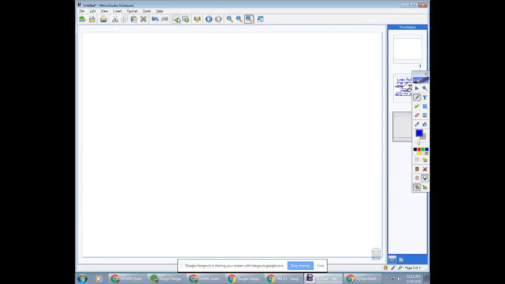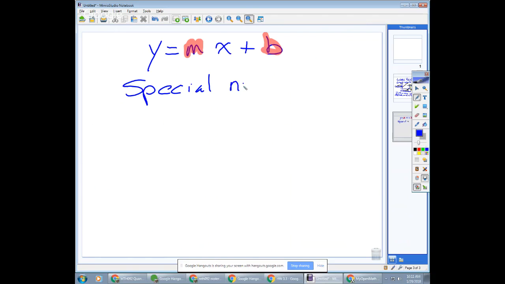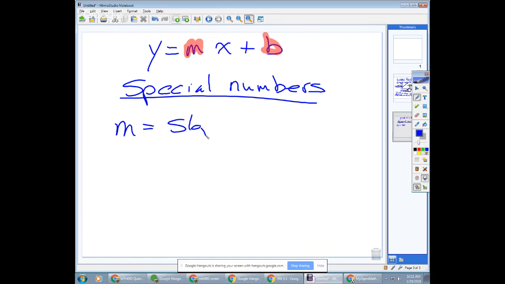So a little more about that equation. The M and the B, they're special. So the M is always the slope.